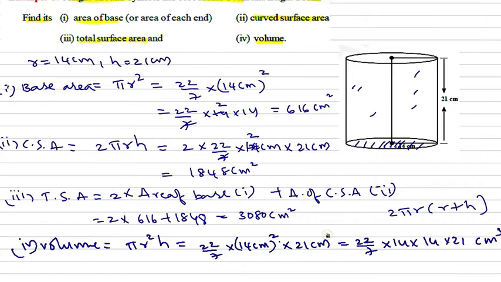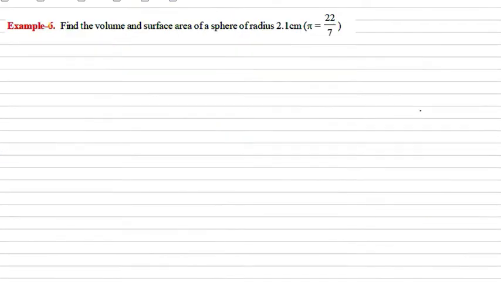So here square and here 1 centimeter, that is total centimeter cube will come. So if you are multiplying, this answer is 12,936 centimeter cube. So therefore the volume of a cylinder is 12,936 centimeter cube.